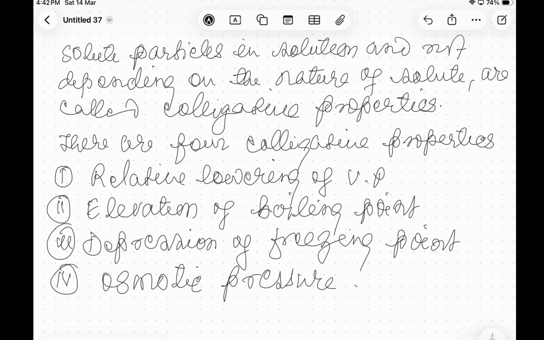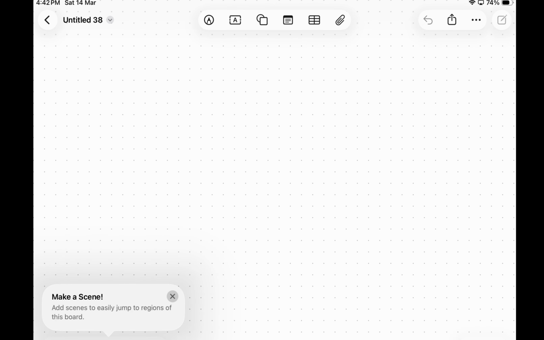Whether we are taking 1 mole sugar or 1 mole urea or 1 mole glucose, these 4 properties will be same until we are taking same number of mole of the solute. Of course, there is an exception. If there is dissociation or association of solute in solution, then property expected differ from that observed. So these are the colligative properties.